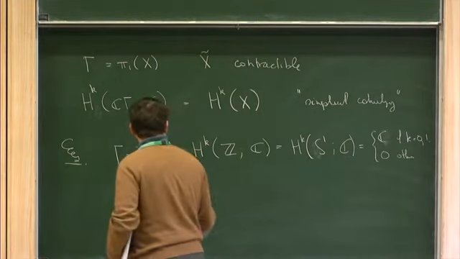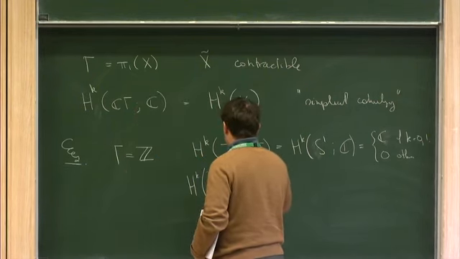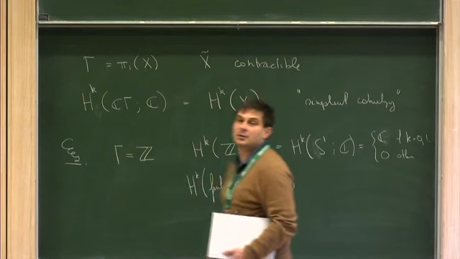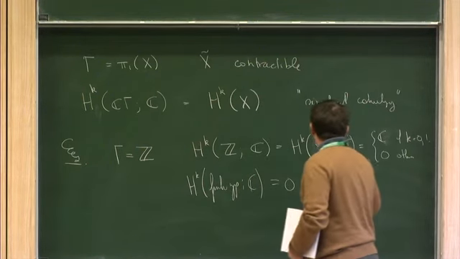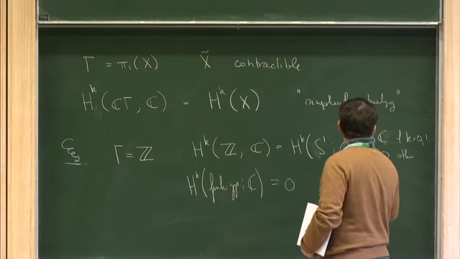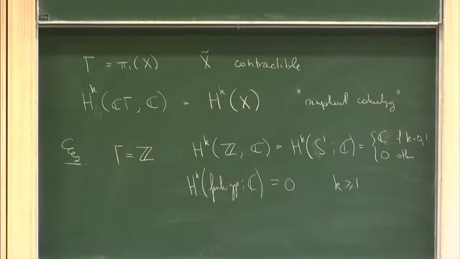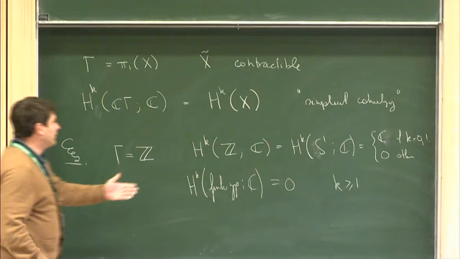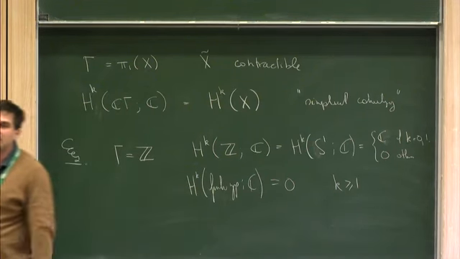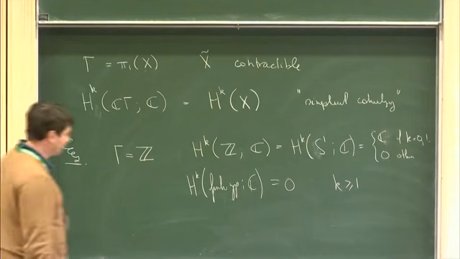And another thing that you can easily check is that Hk of a finite group with coefficients in C is 0, at least for k at least 1, to be safe, which simply has to do with the fact that, of course, this has non-trivial cohomology if you put some torsion in there, but generally speaking, there is no interesting cohomology to be had.